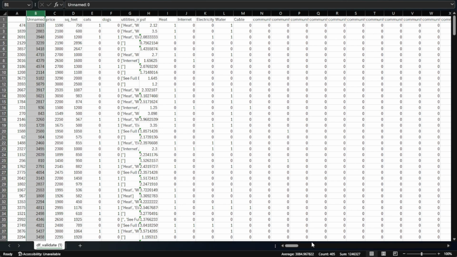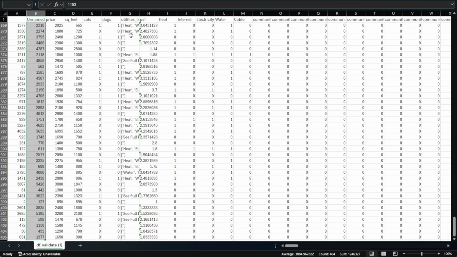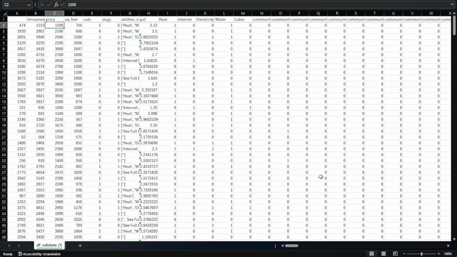And so here you can see we've got 405 for our count, but we also have the header. So again, just so you can see, we've got 404 right here. So we've got the price. Okay, so this is the actuals, right? These are the actuals.